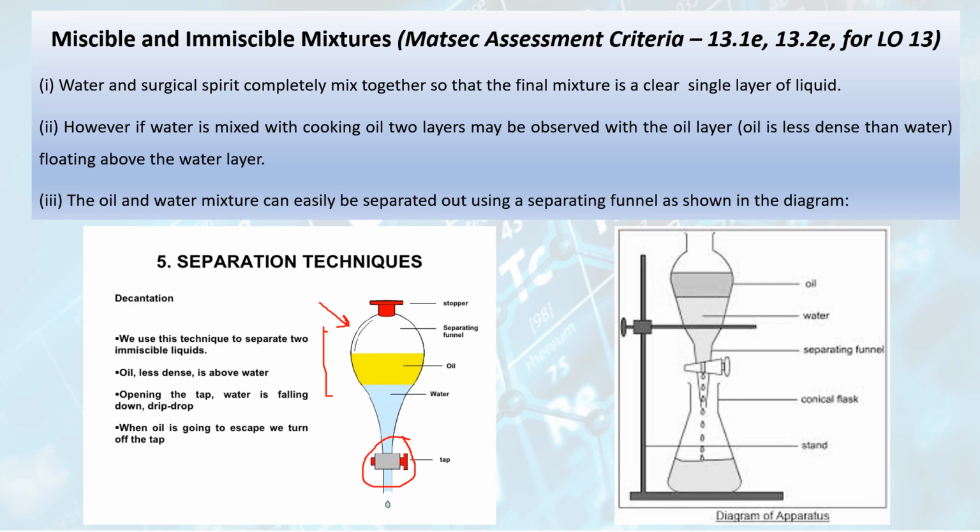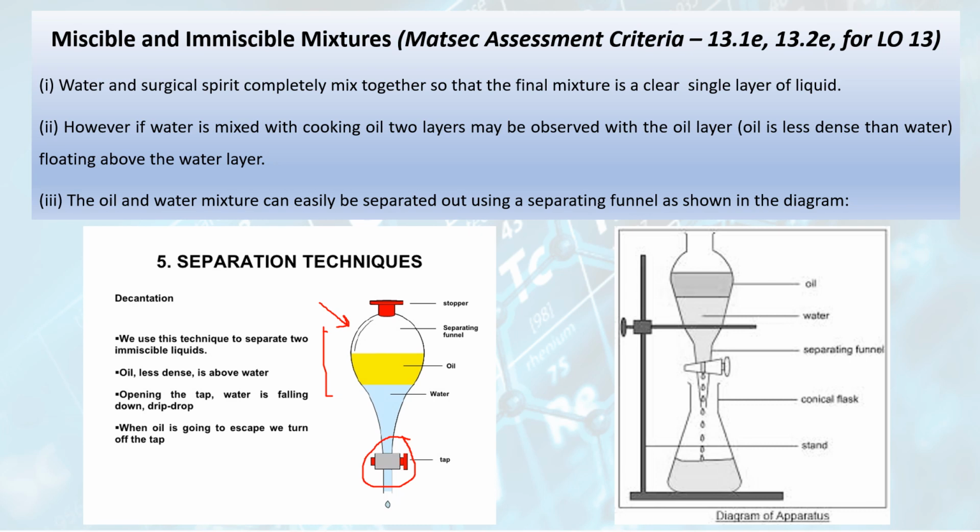Since the part of the funnel close to the tap consists of a very narrow tube, you can remove a very small volume of water without removing any of the oil at the same time. By the time the oil level reaches the level of the tap, you just close off the tap.